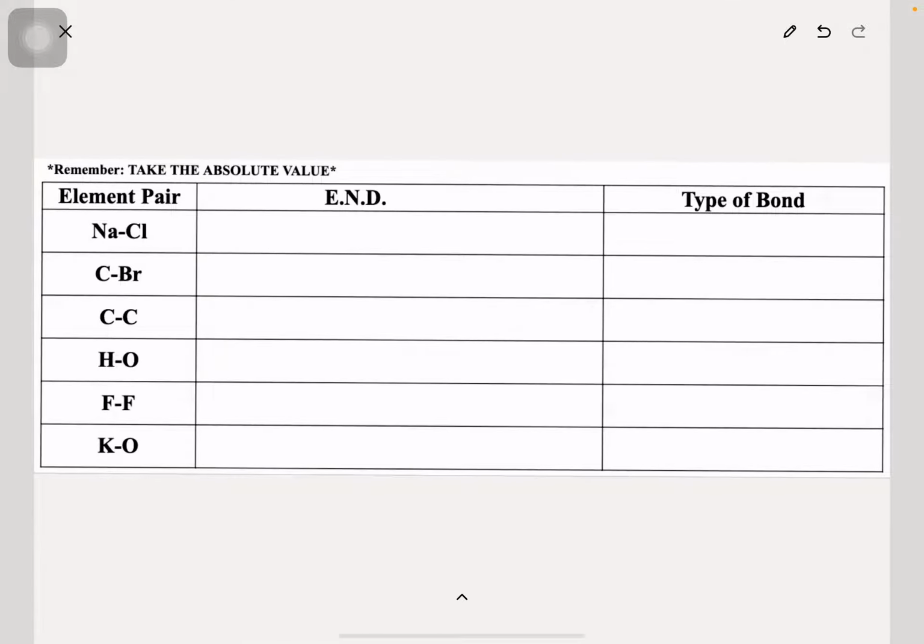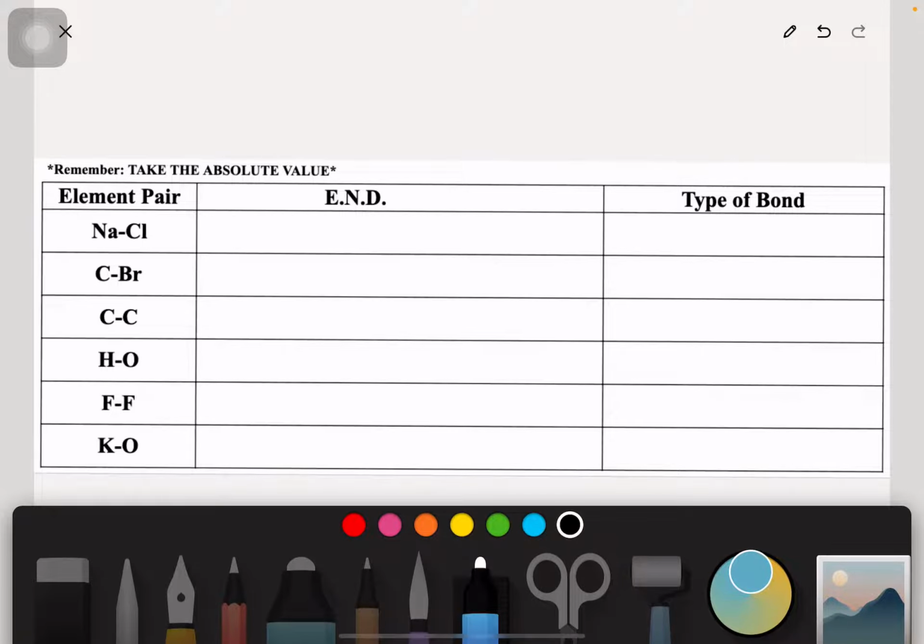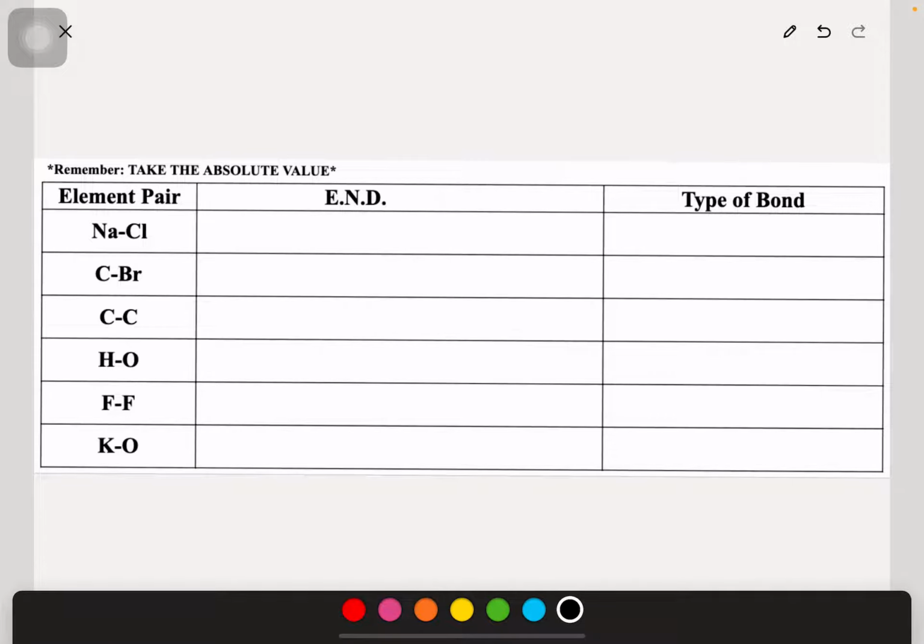Okay, so let's do some practice. I have sodium and chlorine. What we're going to do is find our electronegativity values and subtract them. You are going to try these on your own before I give you the answers. Try this one out. Sodium chloride. That is going to be an ionic bond.